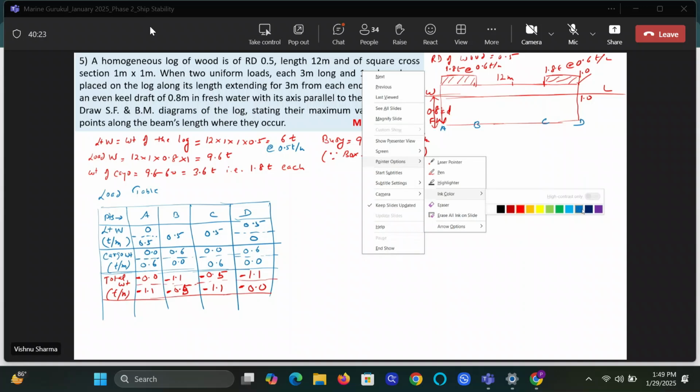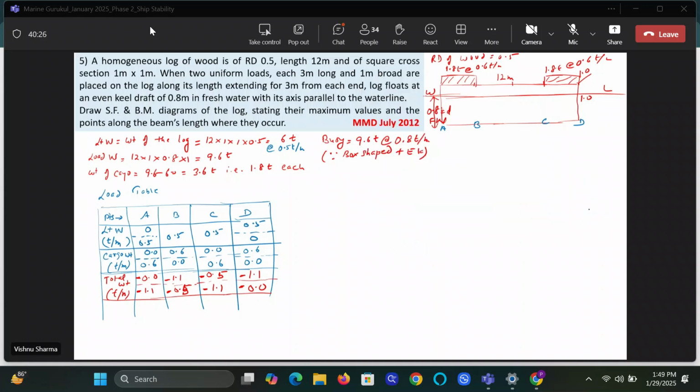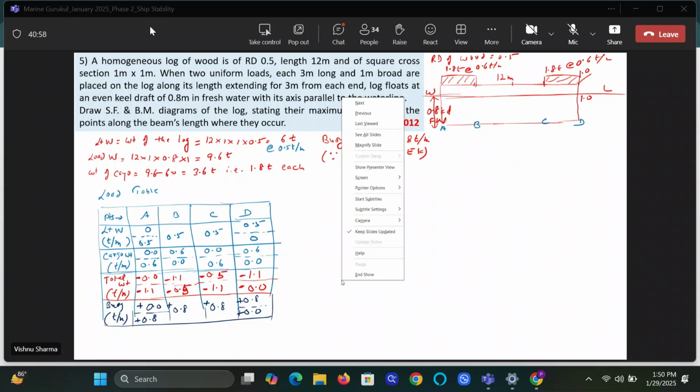Correct, sir. Please fill in the buoyancy then. Since left to right, it's upward, it will be positive. Is this correct, guys? Yes or no?